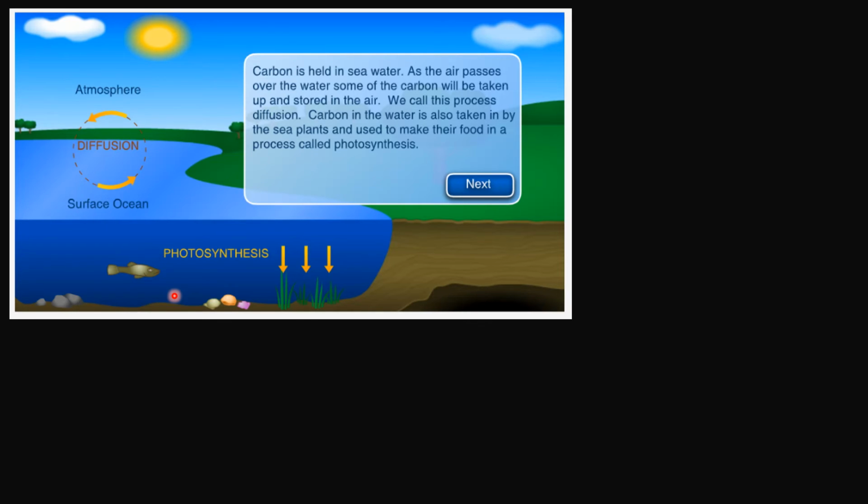So some creatures, some microscopic creatures, first of all, they're talking about plants here. Just as plants on land use carbon dioxide, some of the plants here in the water could also take in carbon.